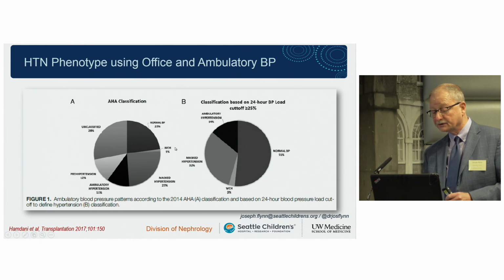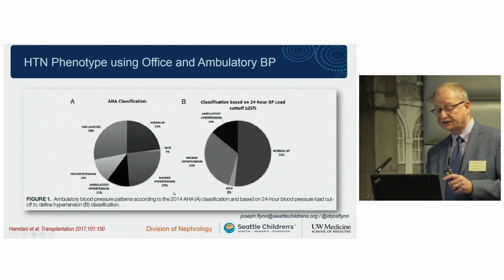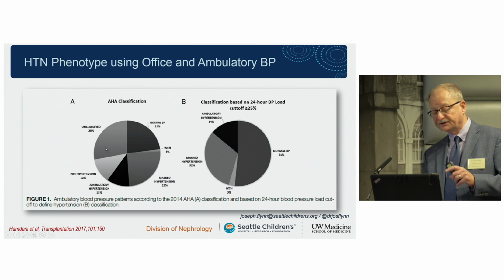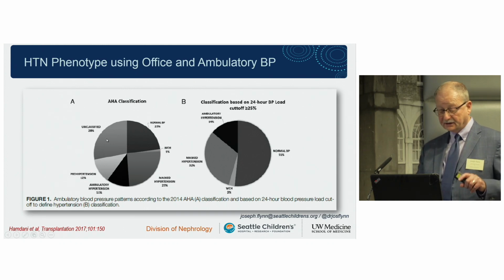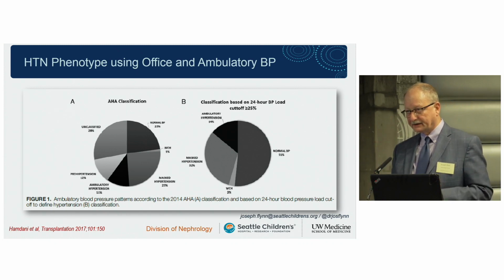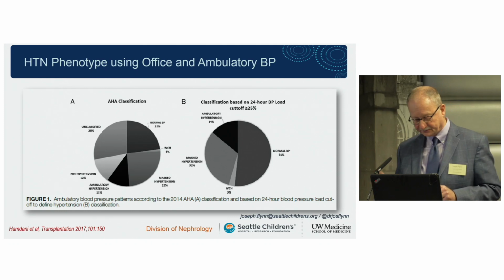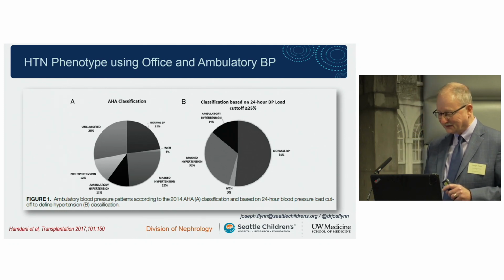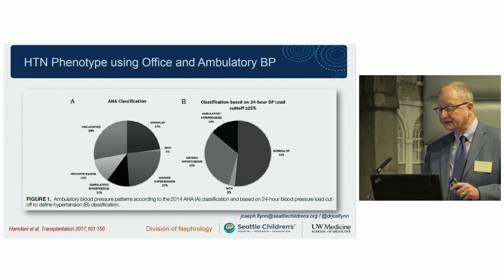Almost none of them had white coat hypertension, 1%, 25% of them had masked hypertension, and then many of them had ambulatory hypertension, and all of these unclassified patients, which was because of the prior AHA classification, which was a mess, which we have fixed. And then many of them here, if you look at their blood pressure load, half were normal, but again, a huge percentage had masked hypertension.